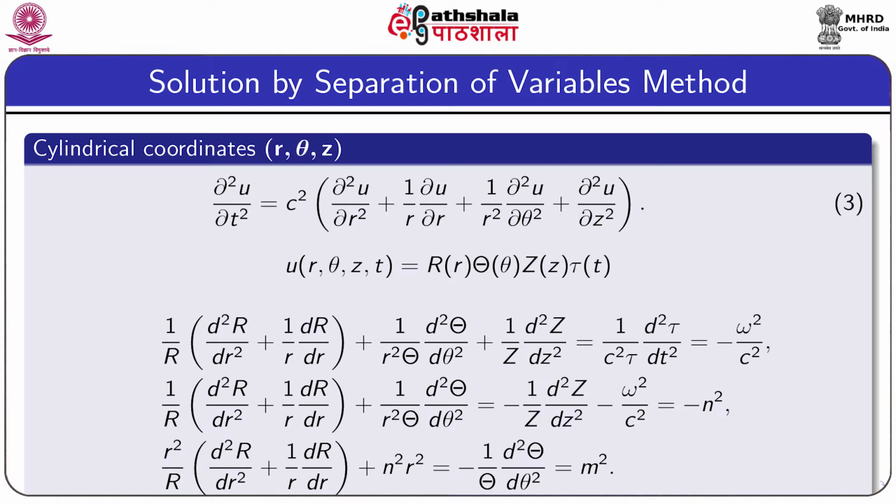Again we are separating the function of r and function of theta in the last line. So, it becomes r square by capital R into d2R dr square plus 1 by r dR dr plus n square r square equals minus 1 by Theta d2 Theta d theta square, which is equal to a separating constant m square.